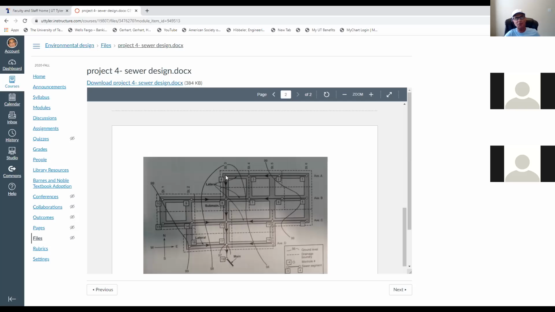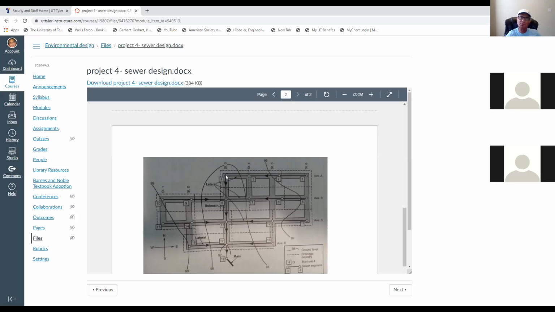Start with this one here, your first manhole. As we agreed, when you start with the first manhole, make sure that you have 1 meter of cover. Don't go deeper than that. You don't have basements. 1 meter cover plus the diameter of the sewer gives you the invert at the beginning.